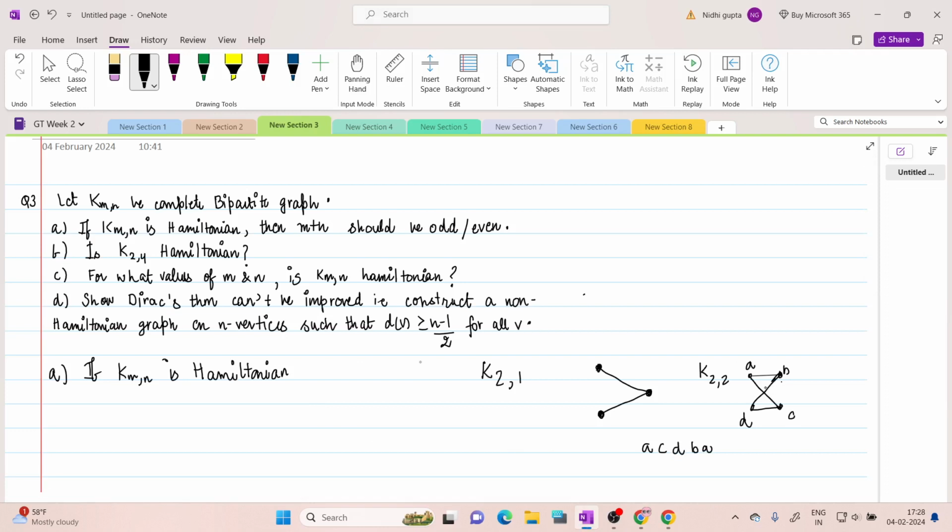So it is working for K_{2,2}. But if we are saying that M plus N should be even, we can't just show it through one example. We'll have to give an argument, right? So why do you think it should be even?